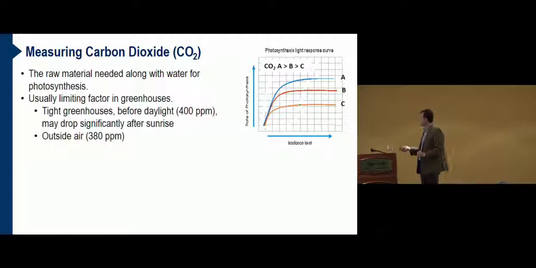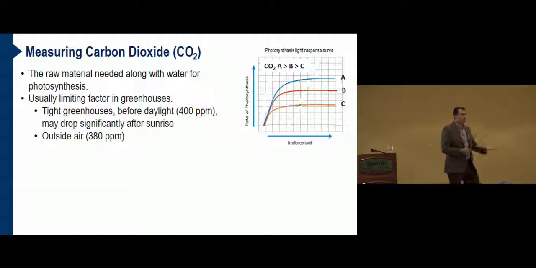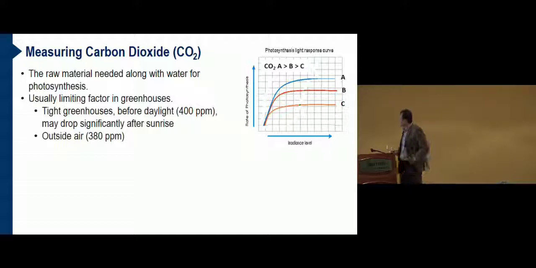The graph here shows the light response curve for a crop or for a leaf under different light intensity levels. The plant reaches a light saturation point, and beyond that point, there's no effect of adding more light to increase the photosynthetic rate.